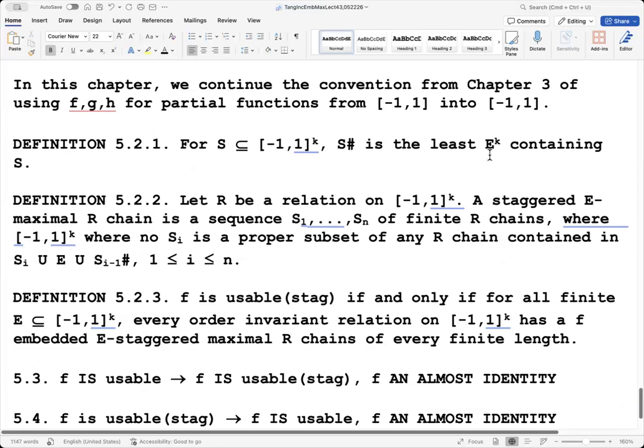S sharp is the least cube containing S. Maybe I should. People feel more comfortable when you do this. Maybe I'll do this. Okay, it's just the least cube containing the set.